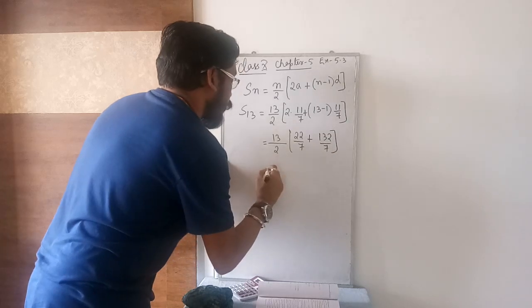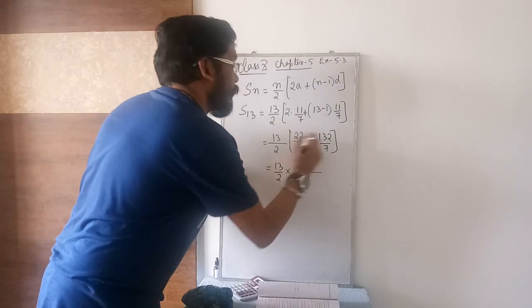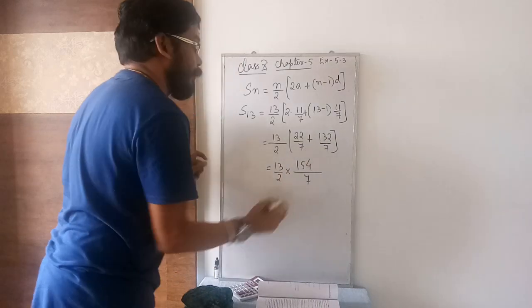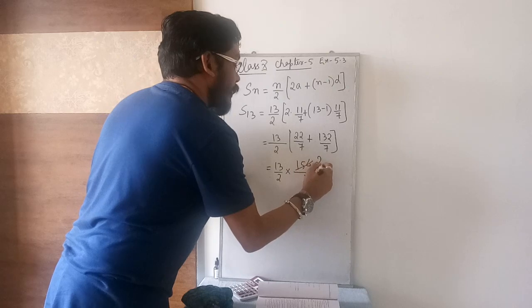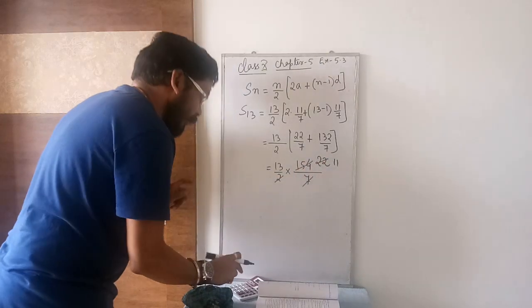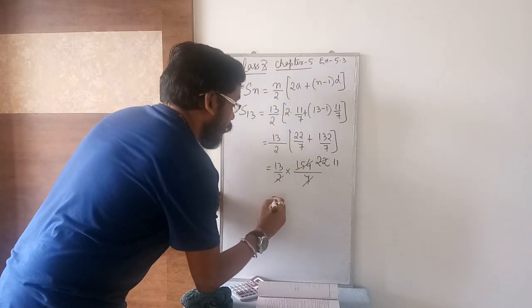So here 13/2 into 7 is the LCM. You will do 22 plus 132, that is 154. If you cancel it, 7 twos are 14, 7 twos are 14, 2 elevens are 22. So 13 into 11, hope it is correct. It is 143.